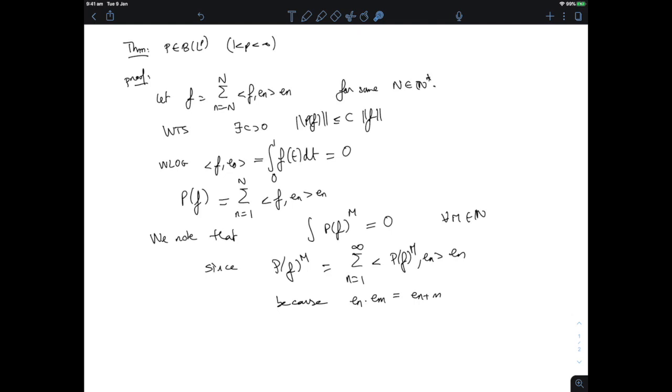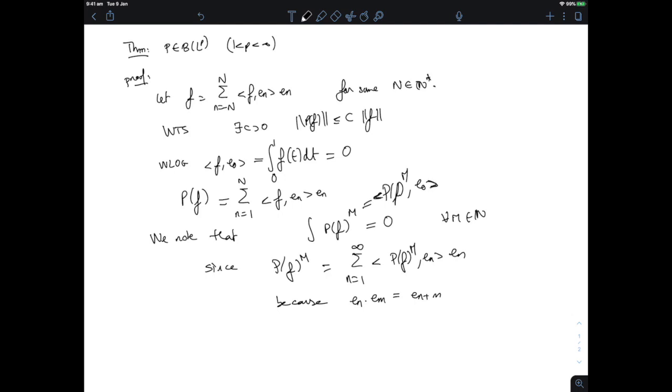And because E_n is an orthonormal basis, you can decompose back into that basis, and you will not pick up any coefficient for n equals 0 or n negative by multiplying together E_n for n positive. Right, but that means this has no E_0 component because f had no E_0 component, and the integral of (Pf)^M is also equal to the inner product of (Pf)^M with E_0.